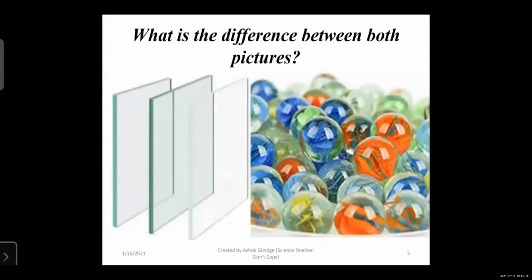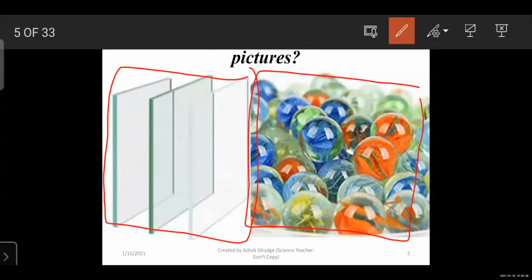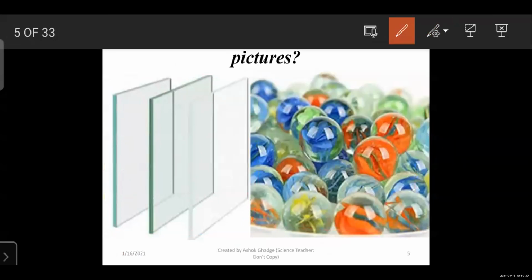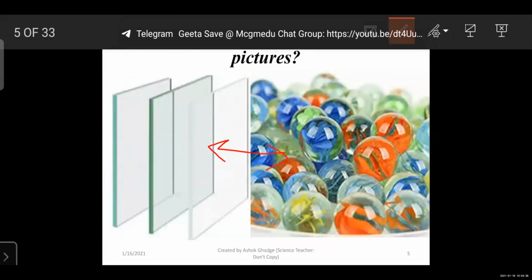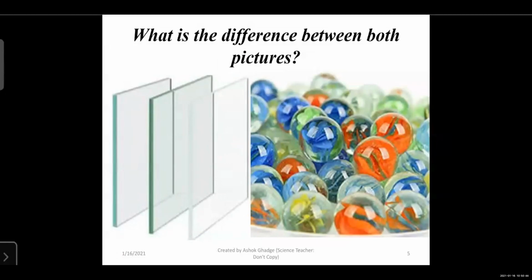So students, what is the difference between both the pictures? It has been shown that this is glass, and these are also made from glass. The basic difference between the two is that the first is made from plain glass and another is made from spherical glass.